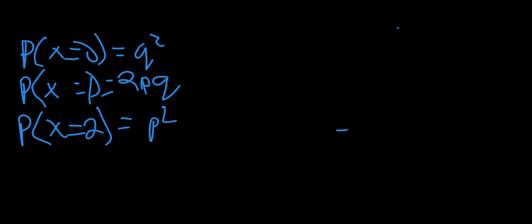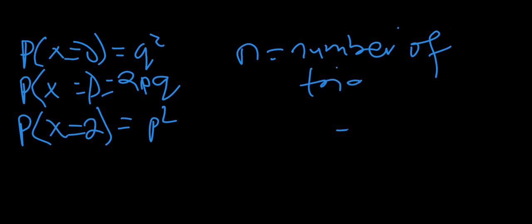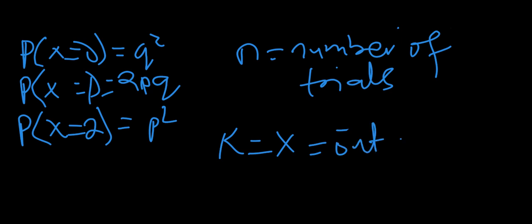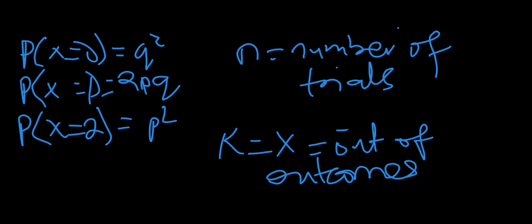Now we can denote the number of times as n, the number of trials, and the number of outcomes as k, where k is also x. This is the number of outcomes.